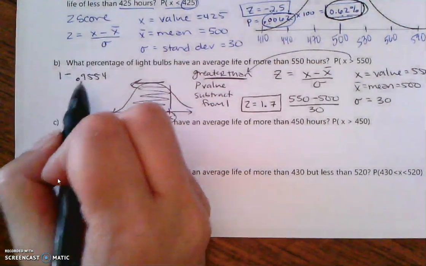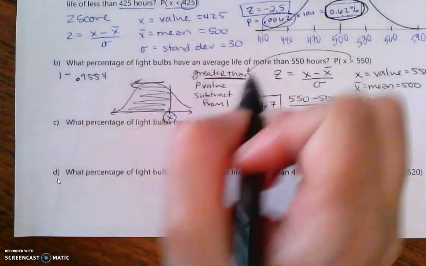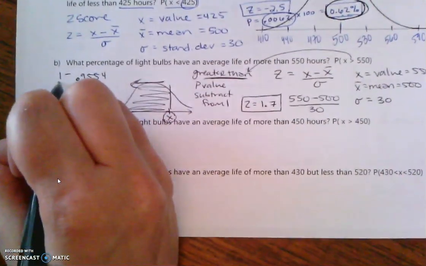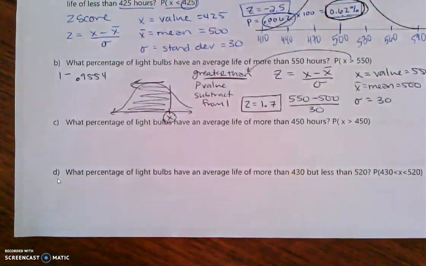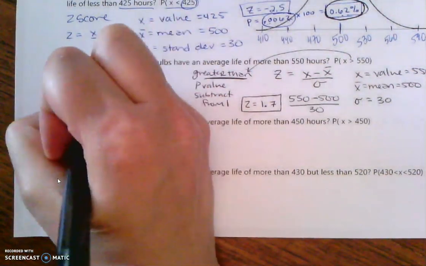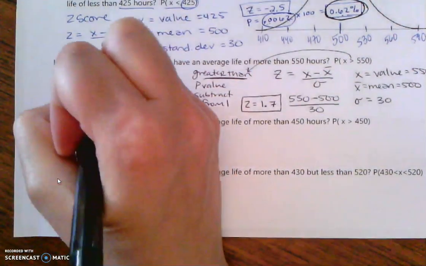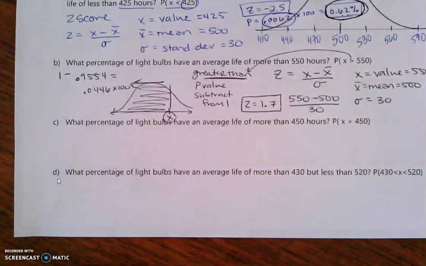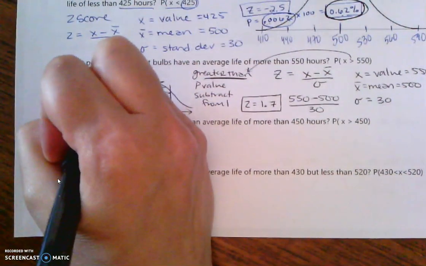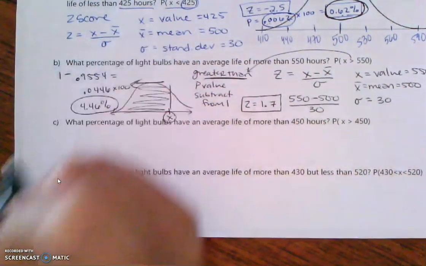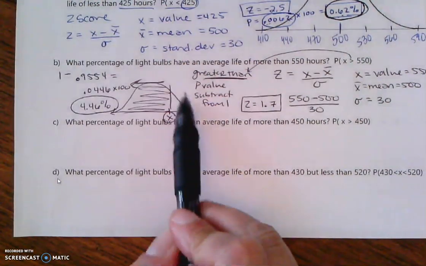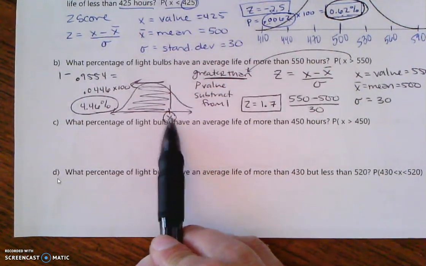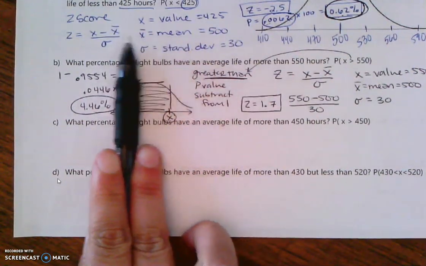Because we get 0.9554 and this is a greater than problem, I'm going to do 1 minus 0.9554 and that is going to be my final answer, which is 0.0446 multiplied by 100 and you get 4.46%. So 4.46% are above that x value because 95% would be below.